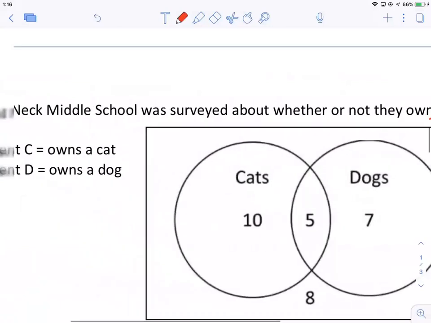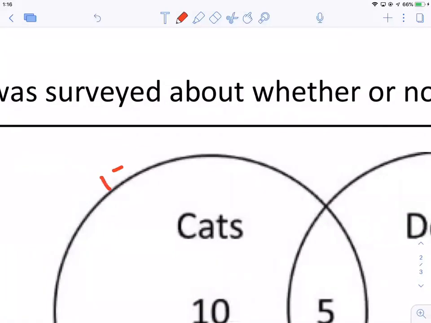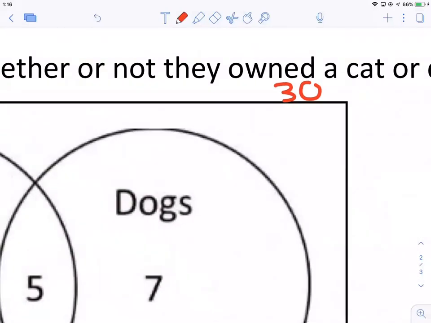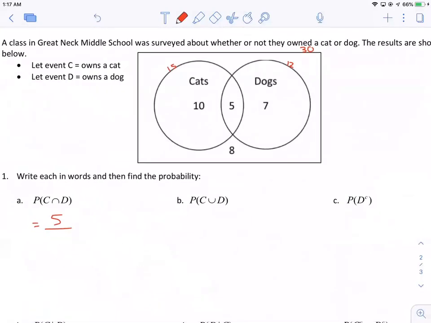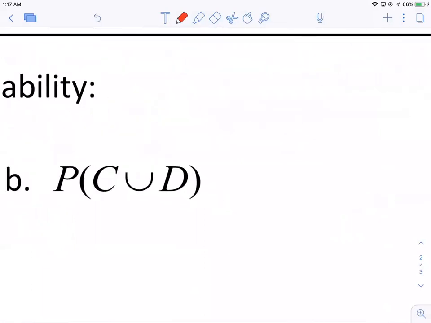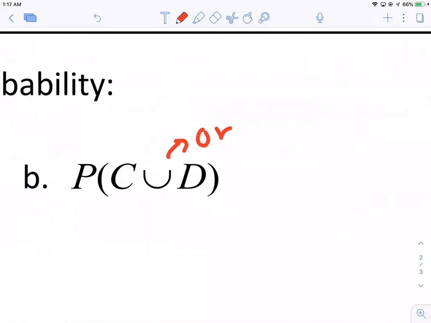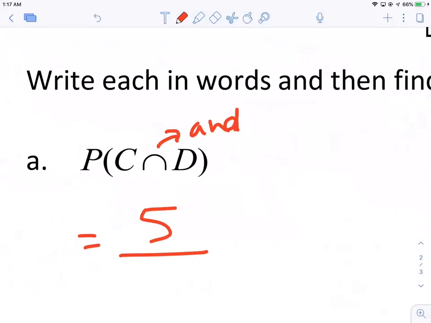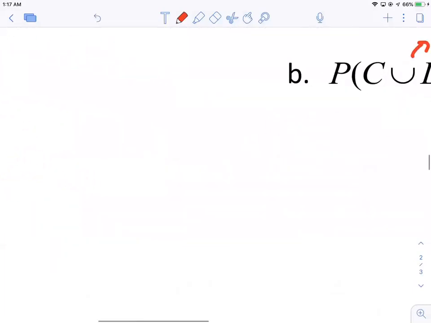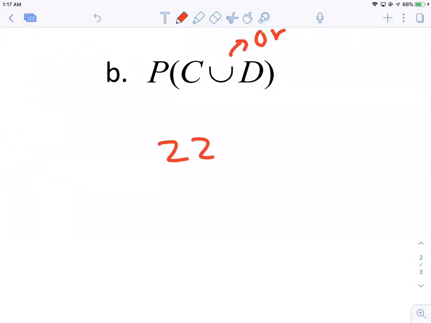And if you want, you can also write 15 outside the cat circle for 10 plus 5, and 12 people own dogs. So what's the probability of owning a cat or a dog? The chance of owning a cat or a dog is 10 plus 5 plus 7, which is 22 out of 30.